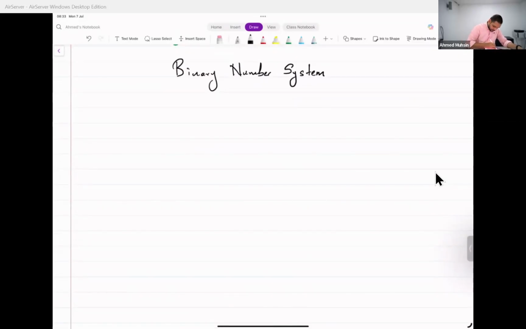The binary language consists of only two digits.